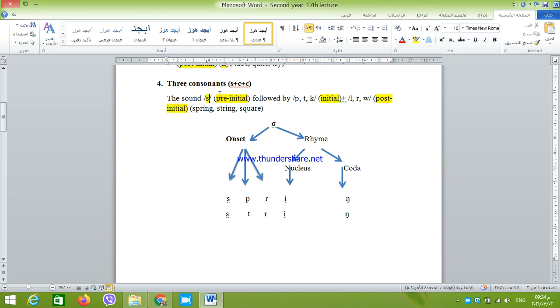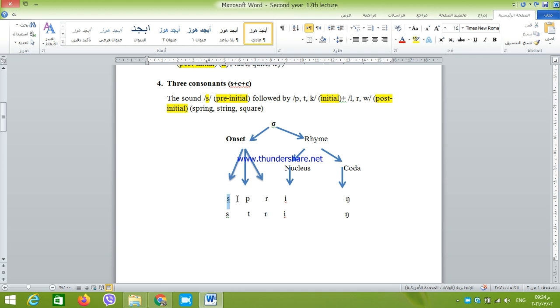And again, it's called pre-initial, followed by p, t, k, which is called initial, and p, t, k is followed by l, r, w, which is called post-initial. So this one is pre-initial, this one is initial, and this one is post-initial. The same thing with spring.